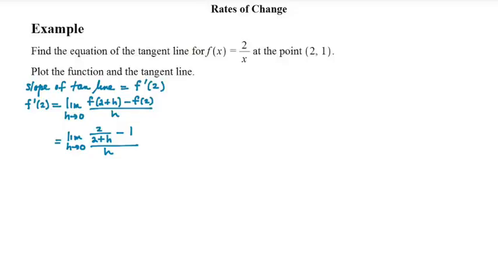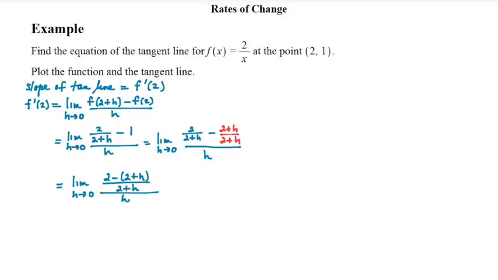In order to evaluate this limit, we're going to do some algebraic simplification. So let's start by getting a common denominator in the numerator here. So we'll have 1 changed to (2 plus h) over (2 plus h). And now we can combine the terms in the numerator, and then simplify. 2 minus (2 plus h) will look like this.